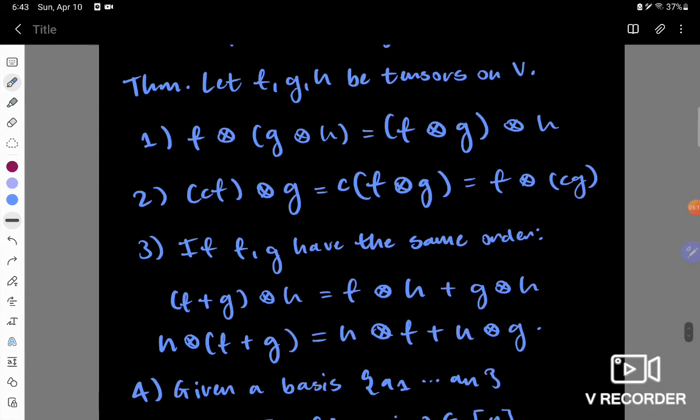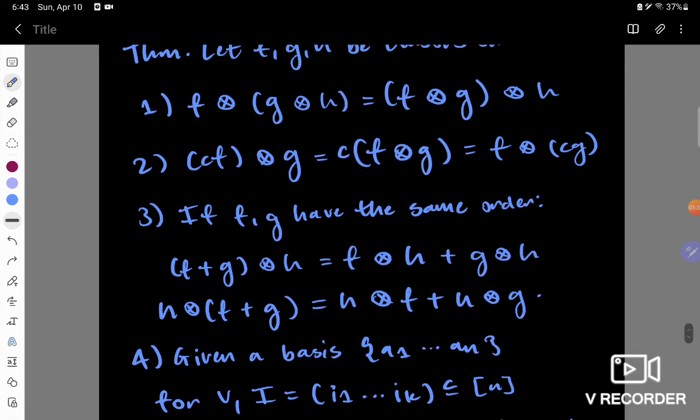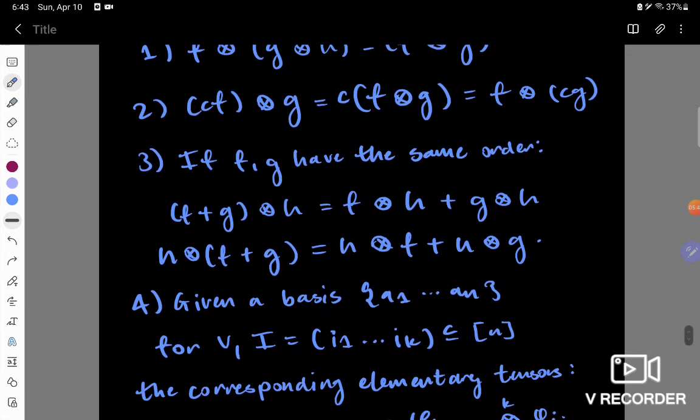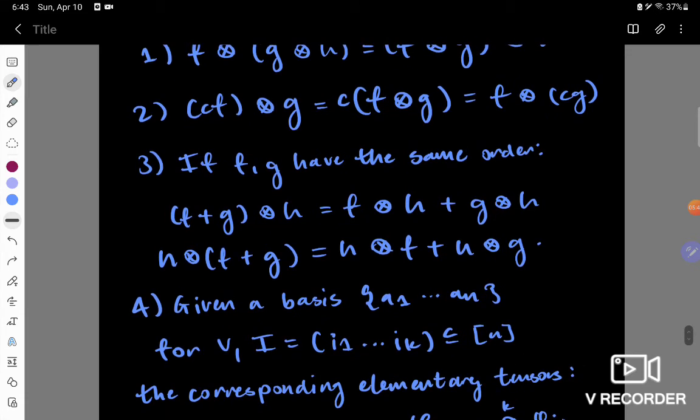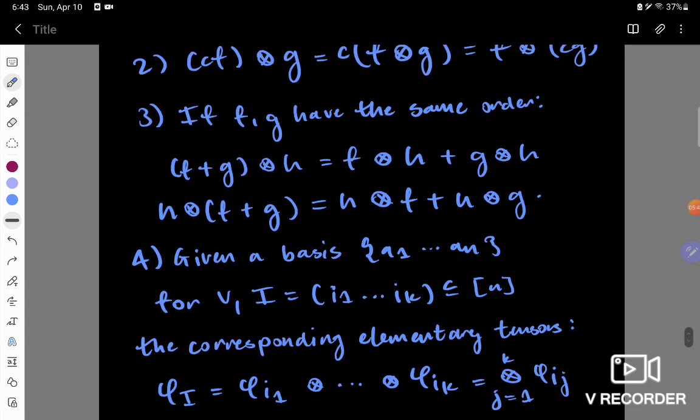So given a basis a1 through an for some vector space V, and we take I to be this indexing set as before, I1 through Ik from this indexing set of n integers, so 1 through n, we want to characterize the phi sub I tensor as the product of elementary tensors. So in this case, it's k-tensors. In general, it need not be. The corresponding elementary tensors will satisfy this equation, where phi sub I is the k-tensor that is defined like this.